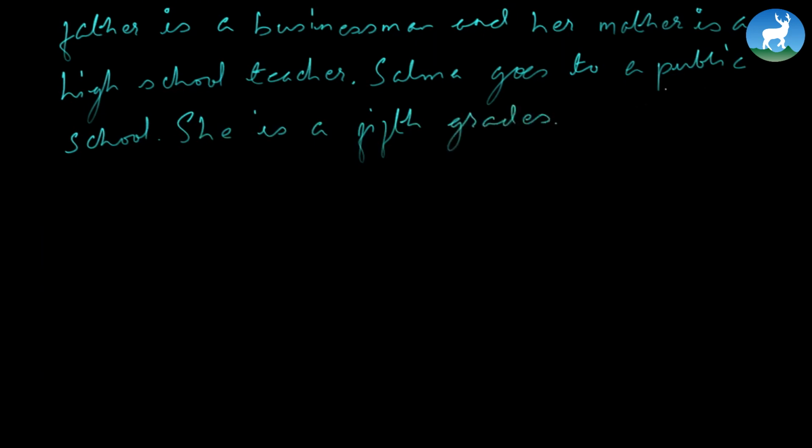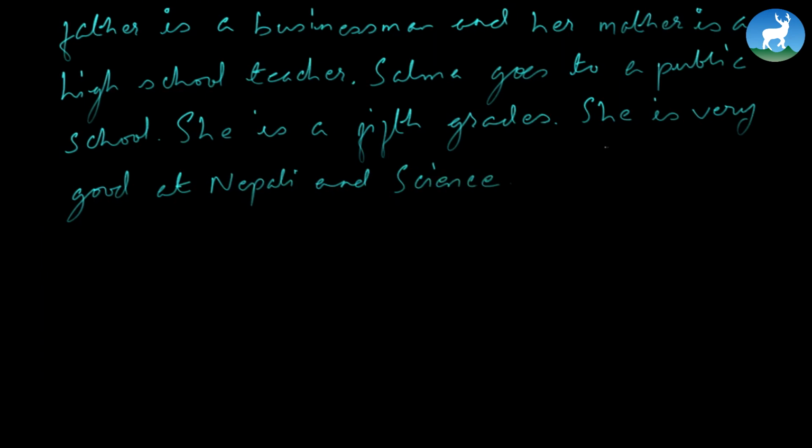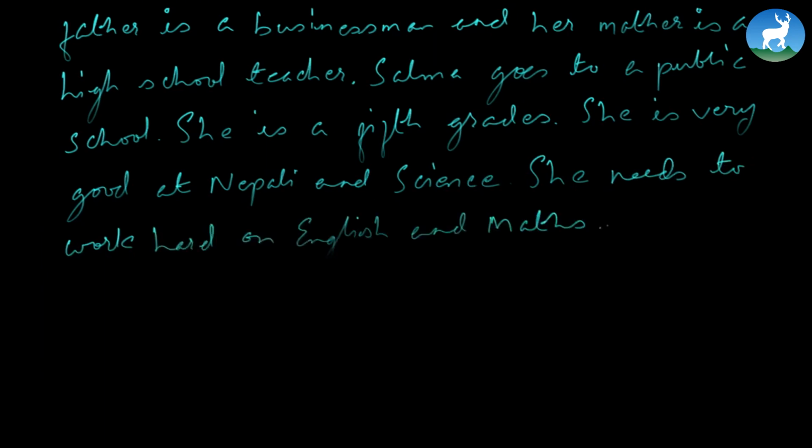She is very good at Nepali and science. You see, every child has his strength. So in this case, Salma is very good at Nepali and science. She needs to work hard on English and maths. So there you go. So let me read from the beginning here.